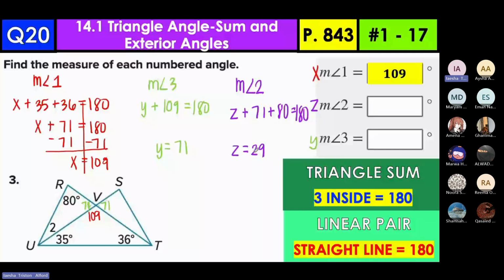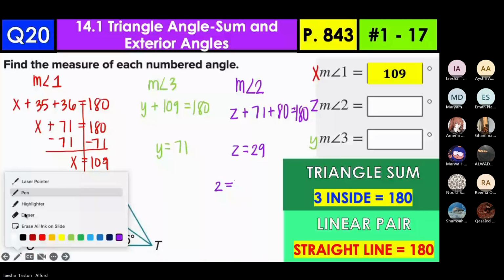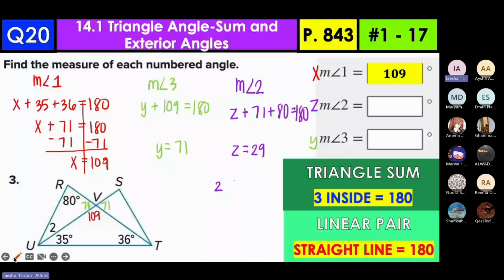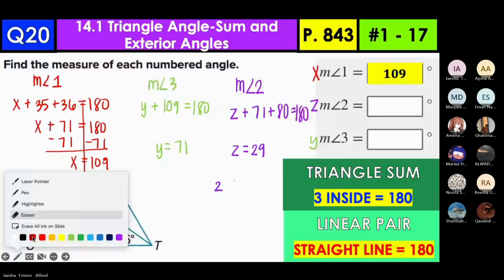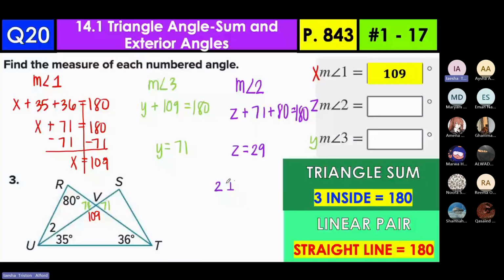We had another idea earlier. We could use 2 inside is equal to 1 outside. So that's the exterior angle rule. We're going to talk about that one again in a second. But yes, you are correct. You could use exterior angle. So how does that go? 2 inside equal 1 outside. So it has to be this one and this one equal the one outside. This one.